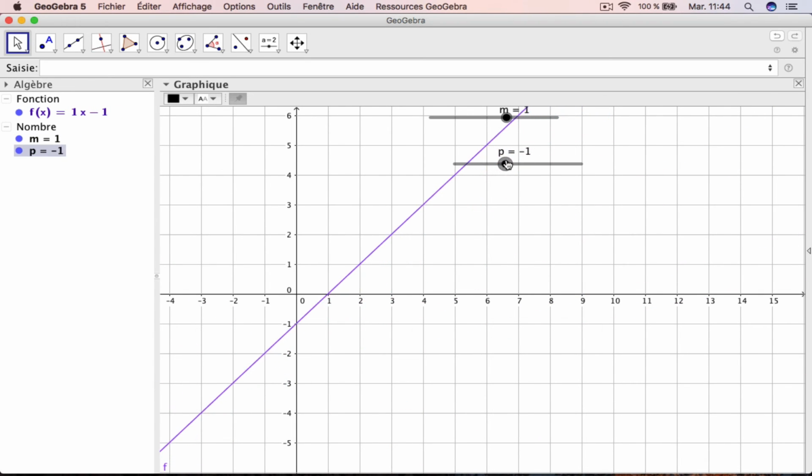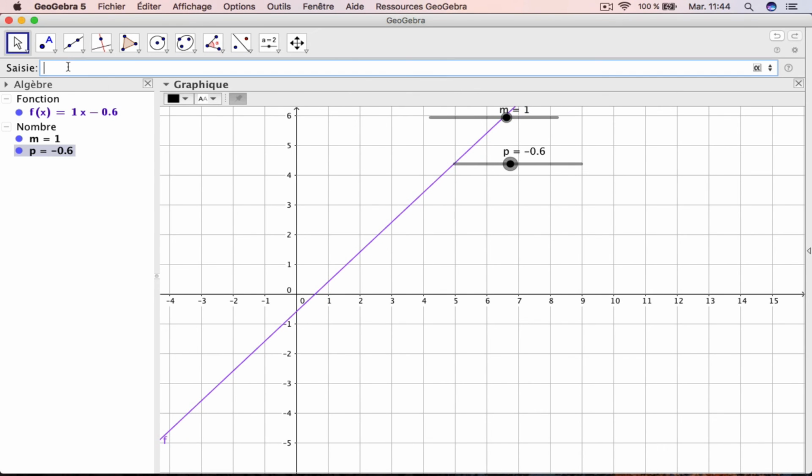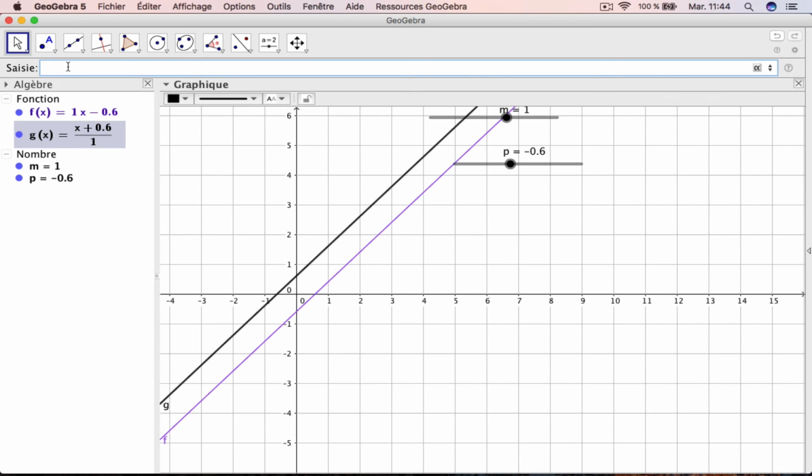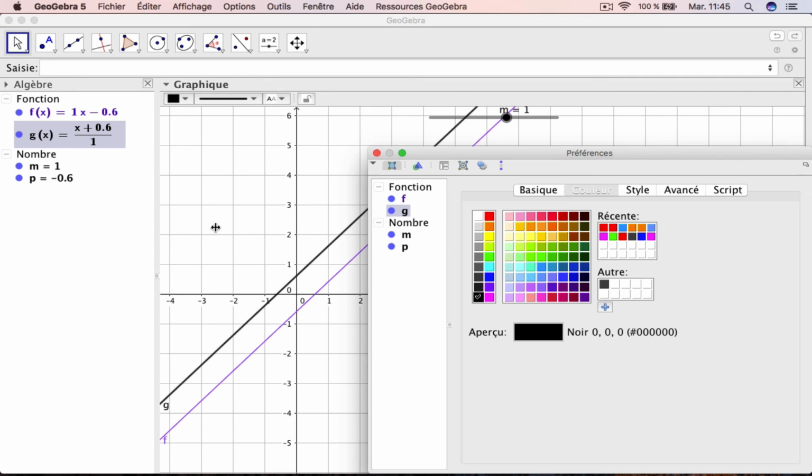Okay, so let's have a look at the reciprocal. We say, let's call it g of x, is x minus p divided by m. Okay, and now let's change the color.